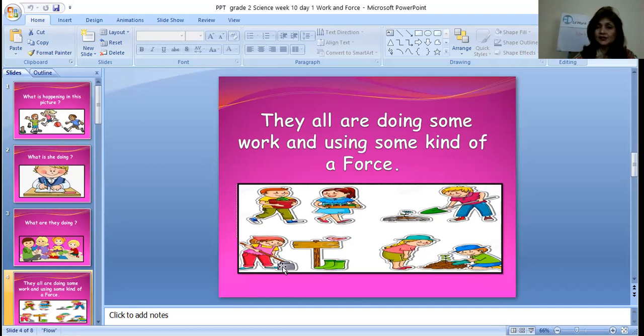This girl is mopping, she is pushing and pulling to mop, right? Now these two girls are putting soil to plant something, so they are pulling also and pushing also. Again, they are using both forces, push and pull, to do the work.